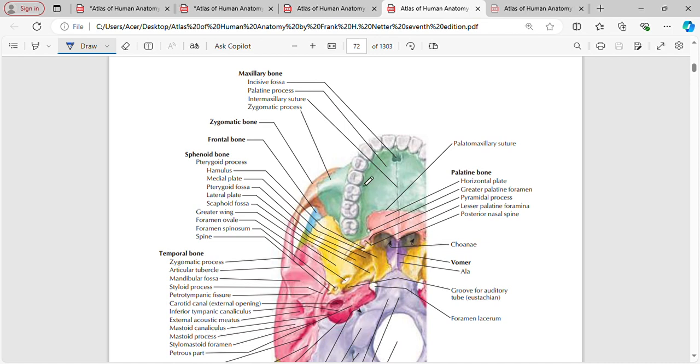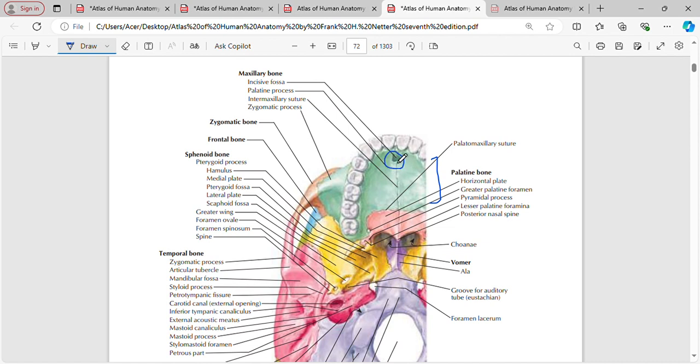And now we'll be discussing the third part of the maxillary bone, that is actually the palatine process of the maxillary bone, that makes the inferior surface of the hard palate. Like you can see, the anterior two-thirds of the hard palate is made by the palatine process of the maxillary bone, right? And here is a structure called the incisive foramen.